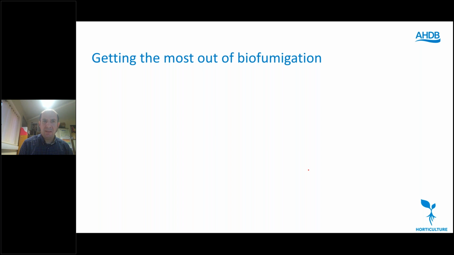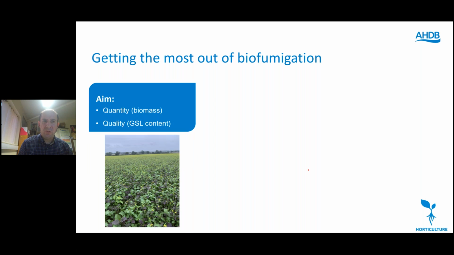So, getting the most out of biofumigation. First thing to think about with biofumigation is two things. What we're trying to do, we want quantity, so we want as much material as possible in terms of biomass. That's the amplifier of the process. Secondly, we want glucosinolate content, but we want the right type of glucosinolate content.